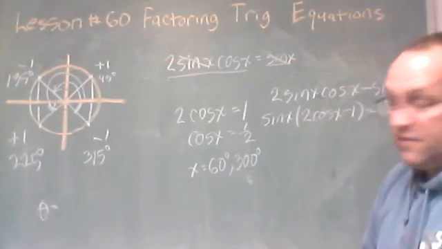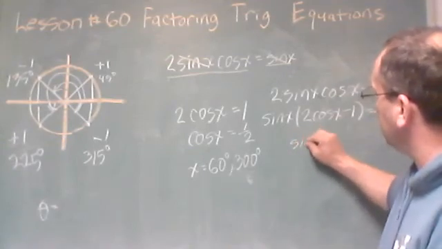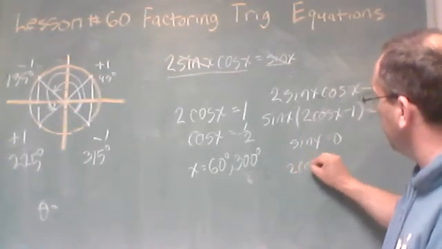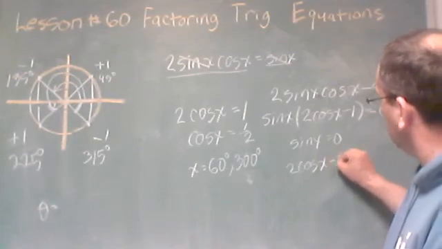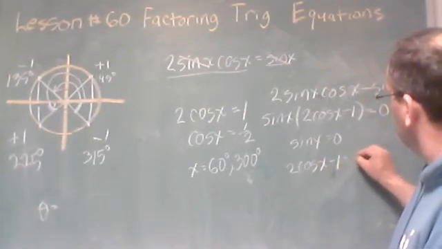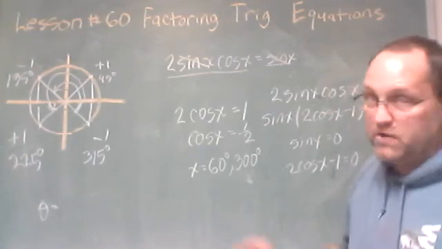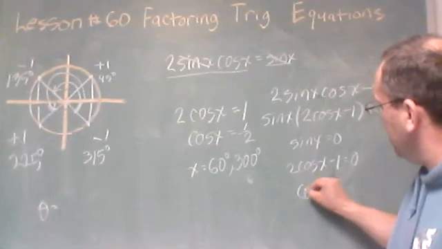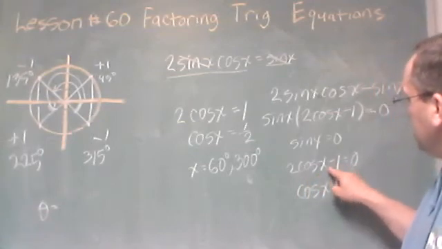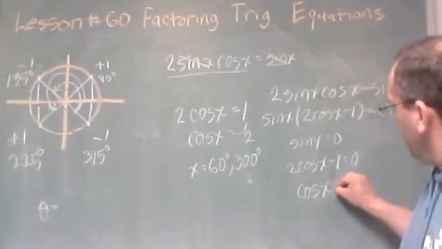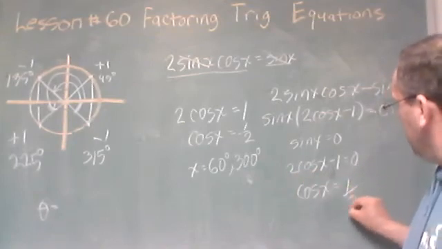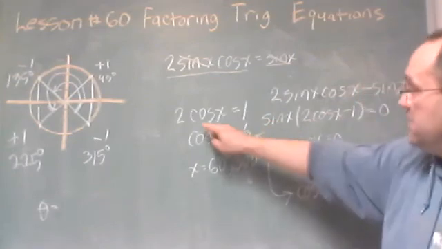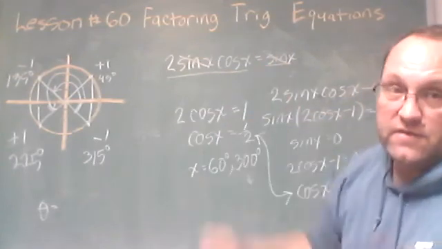We would then set those equal to 0: sine of x equals 0, and 2 cosine of x minus 1 equals 0. We notice this 2 cosine of x would reduce to, if we add 1 to both sides and then divide out the 2, that same expression we got when we divided out the sine of x.